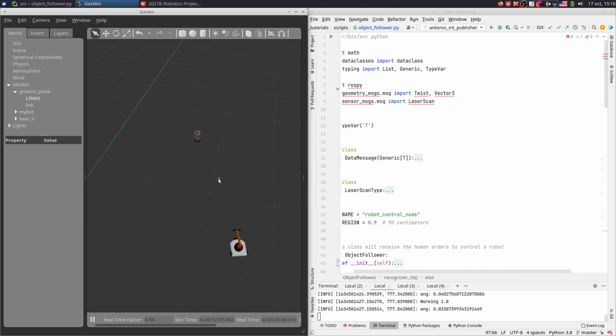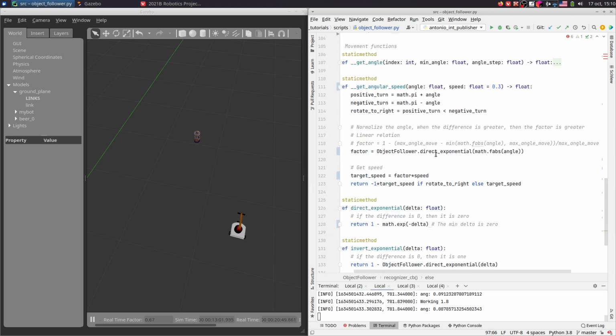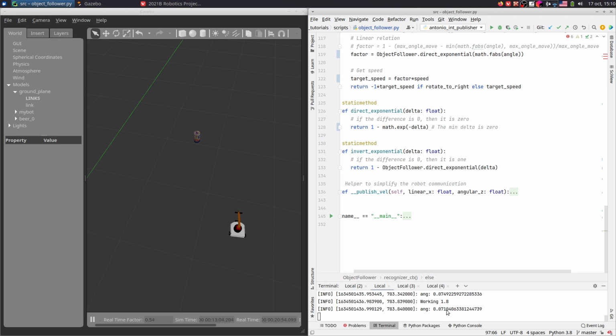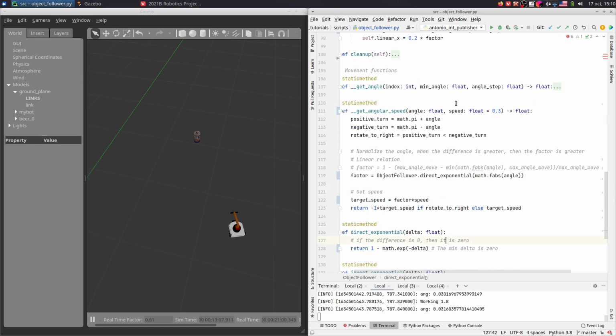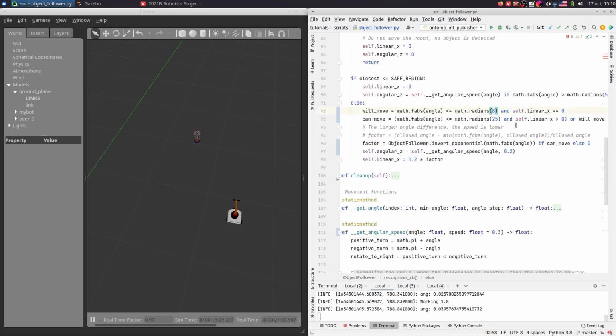Just wait until our robot reaches the can. Oh my god, it's not reaching. Oh, it is reaching the can, but it is decreasing right here. Maybe it will be faster if we put a 10.